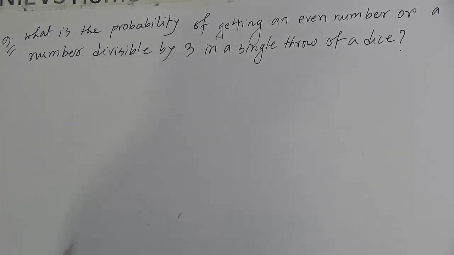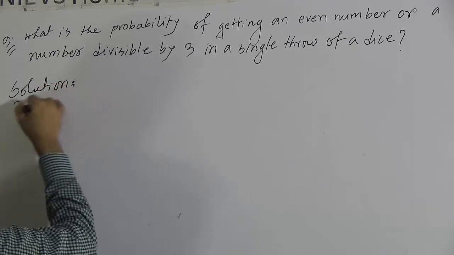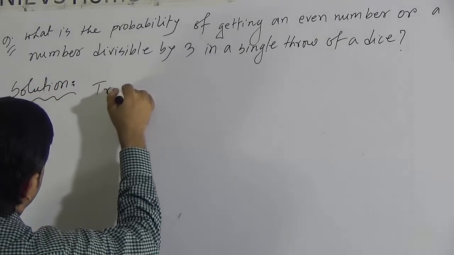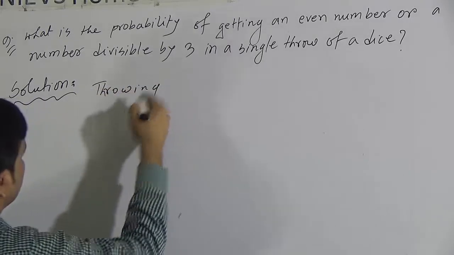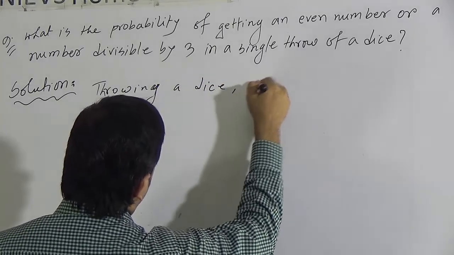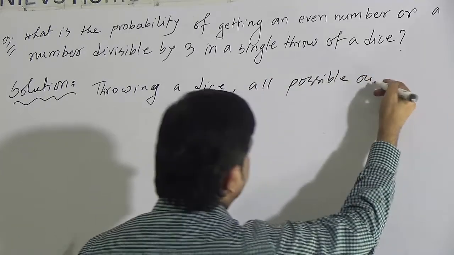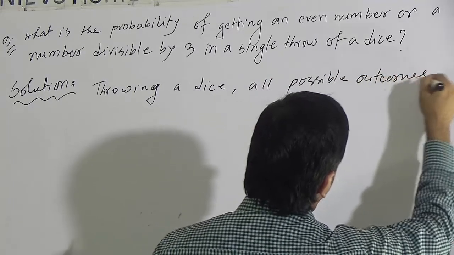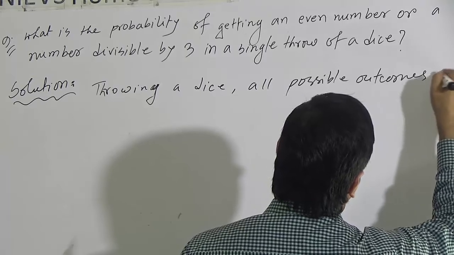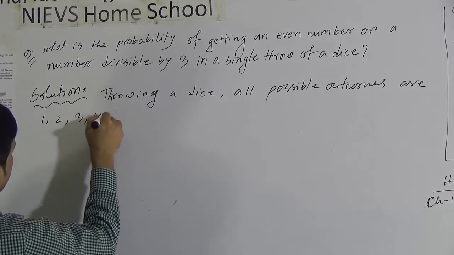So we can write, throwing a dice, all possible outcomes or events are 1, 2, 3, 4, 5, 6.